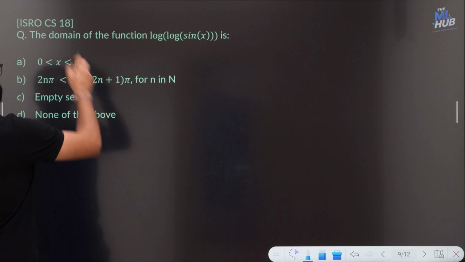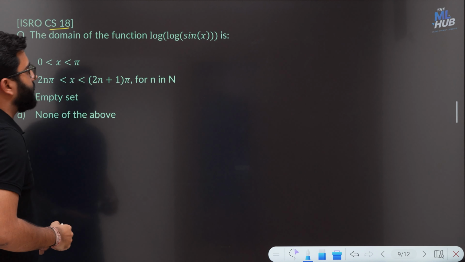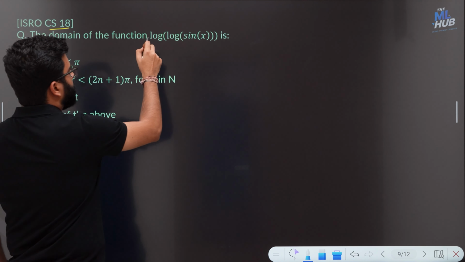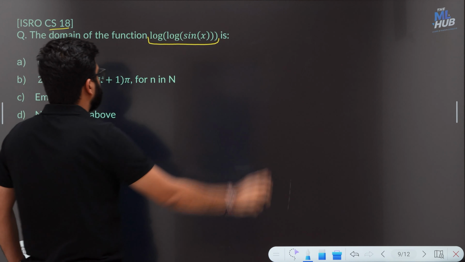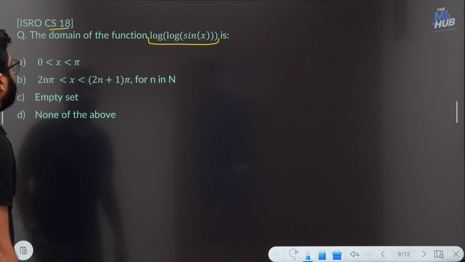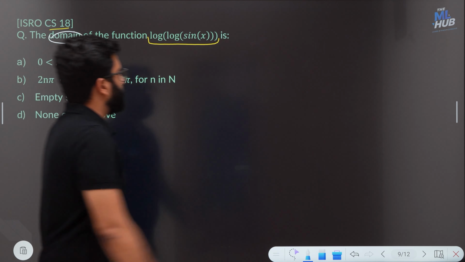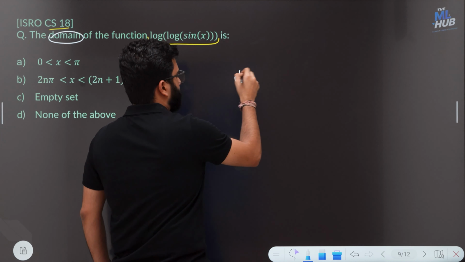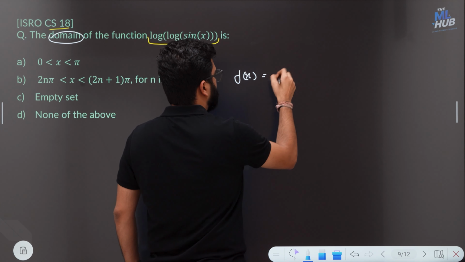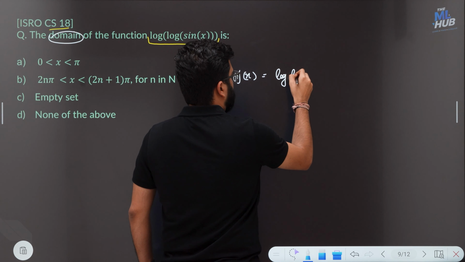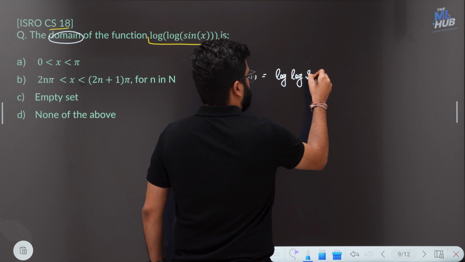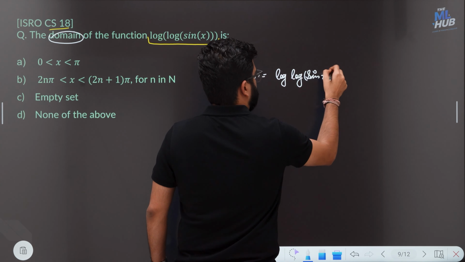Here is one more. It was asked in ISRO CS 18. Given a function log of sin x, we need to comment about its domain. So it is given as f of x is equal to log of sin x.